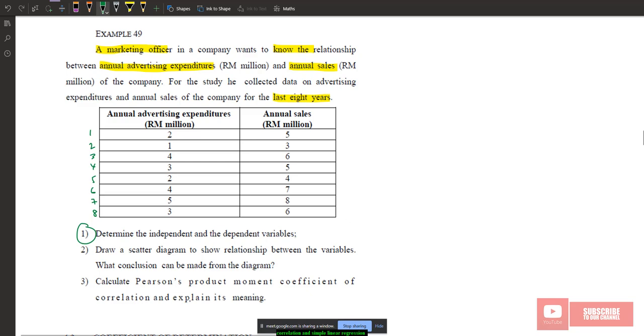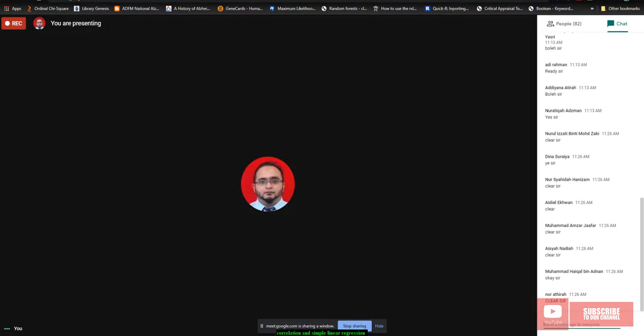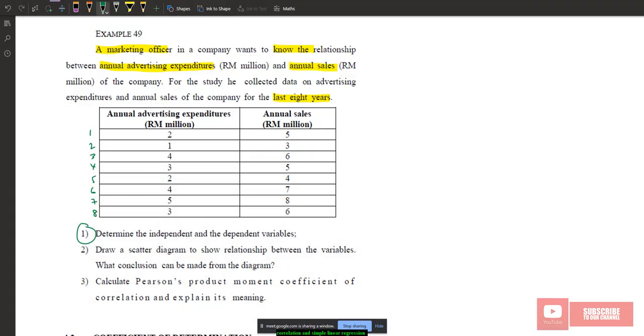Annual sales depend on advertising expenditure. Yes, so annual sales depend on advertising expenditure.